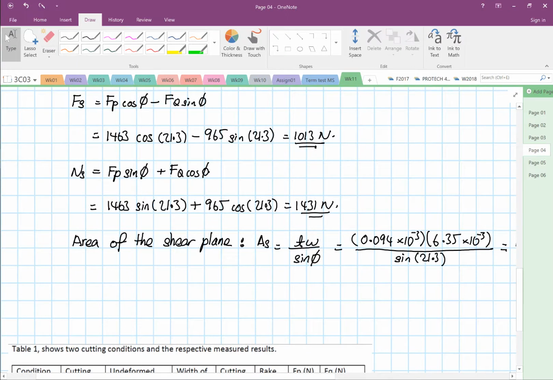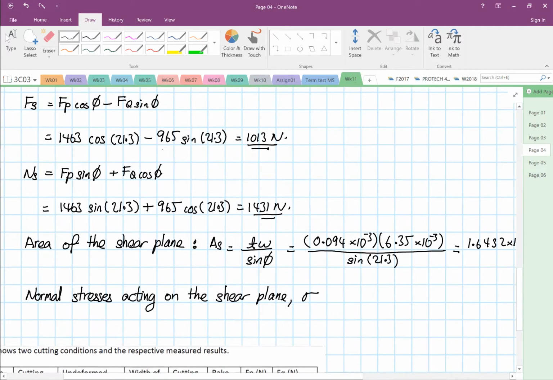Okay, so normal stresses acting on the shear plane. Normal stress is equal to force divided by area of the shear plane.